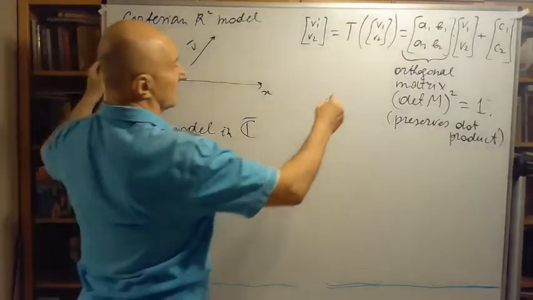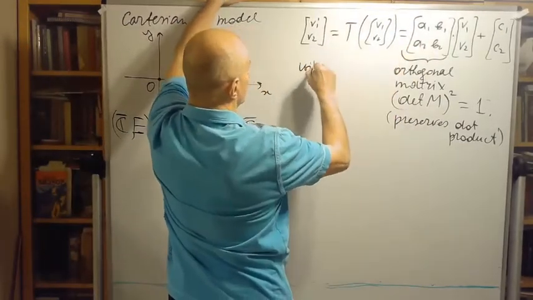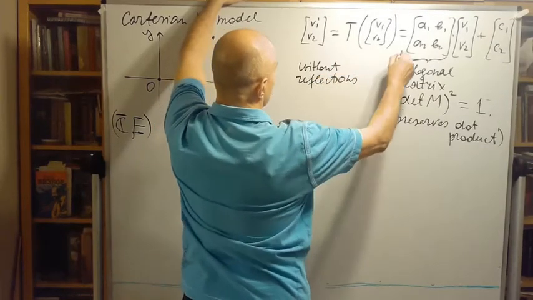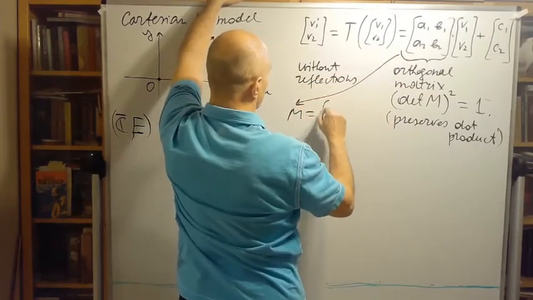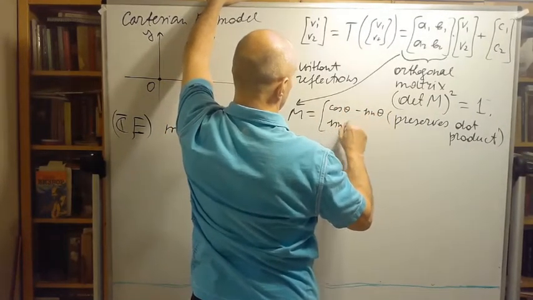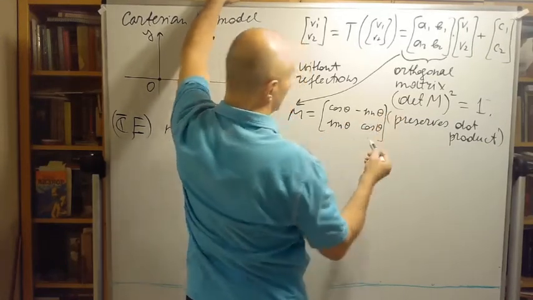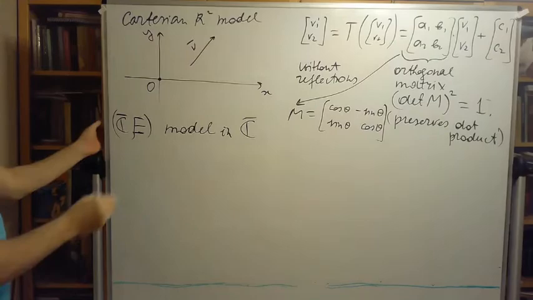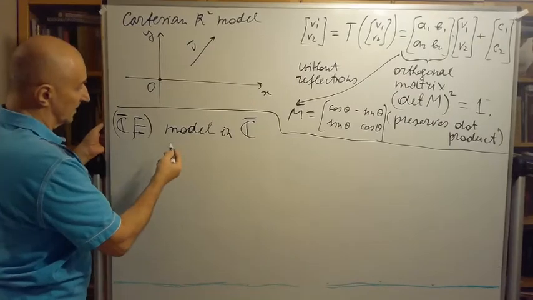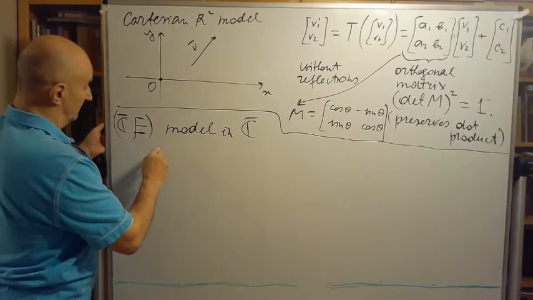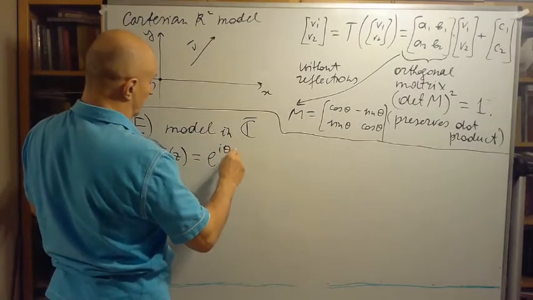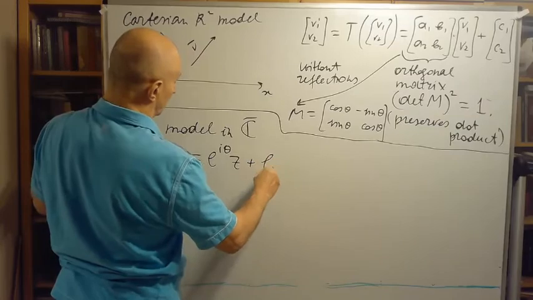Actually, you know that if you do not include reflections, this matrix M will be just cos theta, negative sine theta, sine theta, cos theta. It's a matrix of rotation. And we may have another model in the complex plane where T of z will be e to the power i theta z plus b.